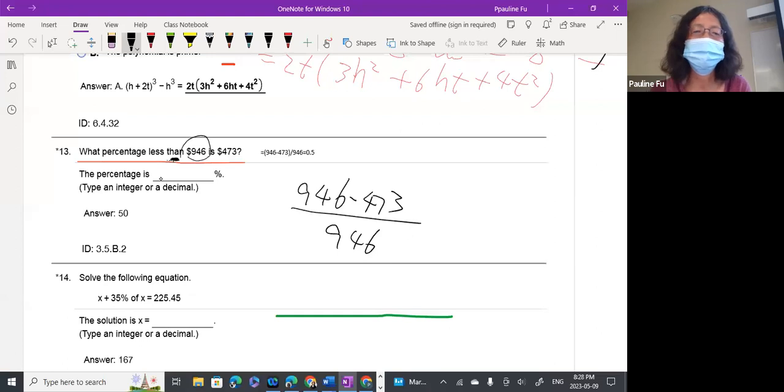You have to divide by the number after the keyword then. The answer is 0.5. It is the same as 50%.